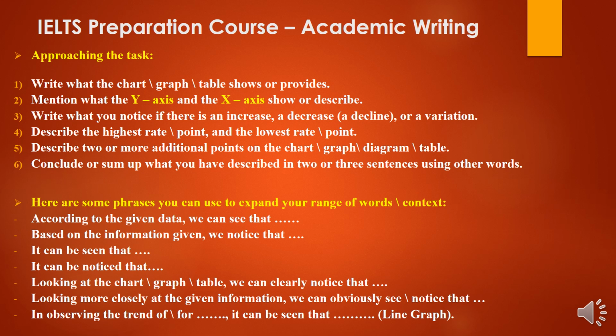According to the given data, we can see that; based on the information given, we notice that; it can be seen that; it can be noticed that; looking at the chart, graph, or table, we can clearly notice that; looking more closely at the given information, we can obviously see or notice that; in observing the trend of or for, it can be seen that, and this is used with line graphs.